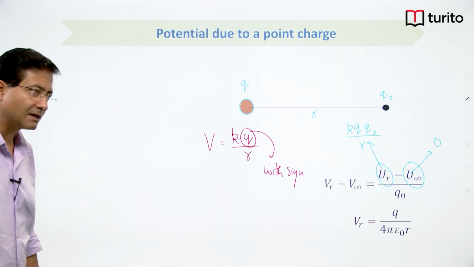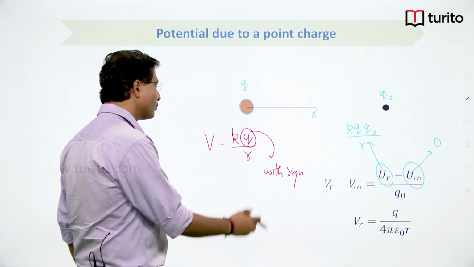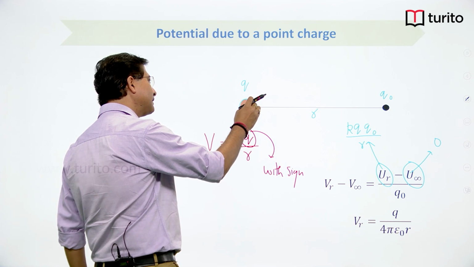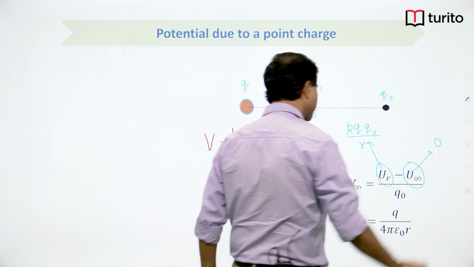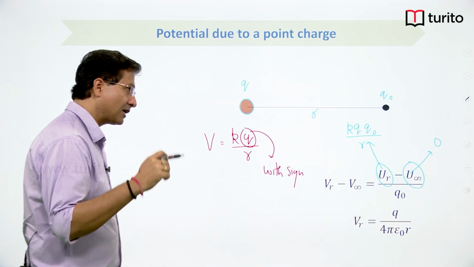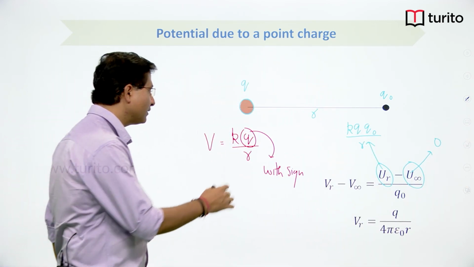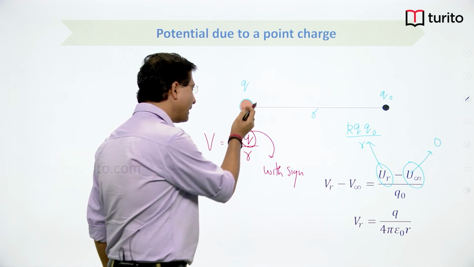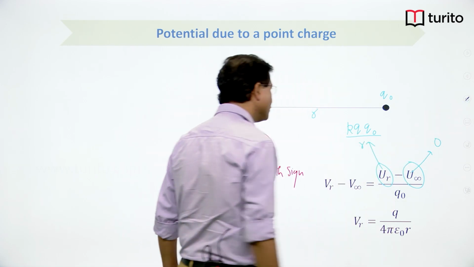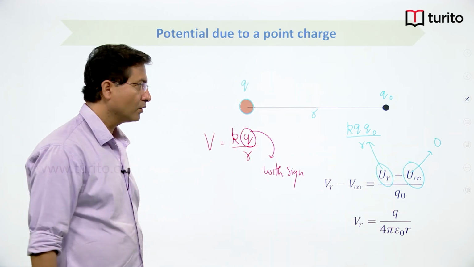That means if our charge is negative, potential will start from minus infinity, and as you keep going till infinity, it reduces to 0. If our charge is positive, then potential very near to the charge will be plus infinity, and as you keep going, it reduces to 0.